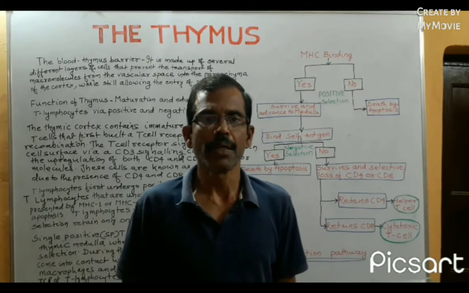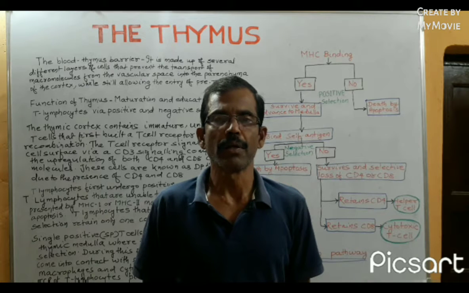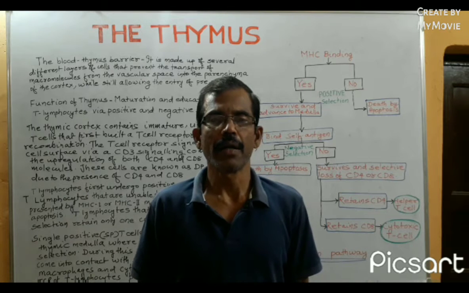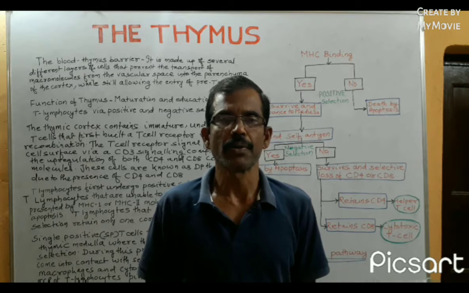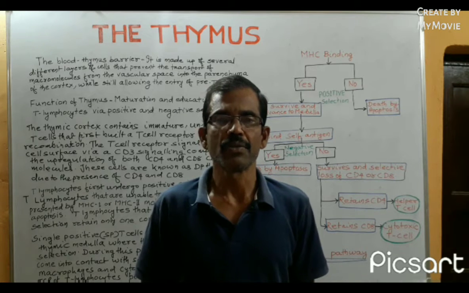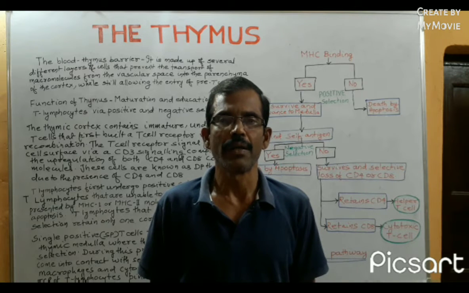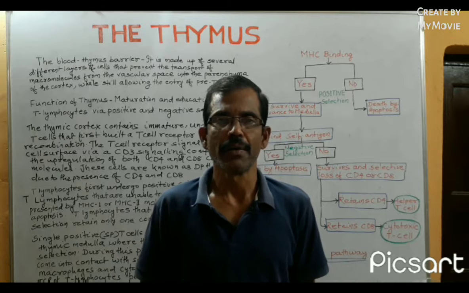Although the thymic epithelia allow for the exchange of small molecules via their high density of membrane transporters and intercellular junctions, they don't allow for the exchange of large molecules including foreign antigens. In the cortical region of the thymus, there exists a barrier known as the blood-thymus barrier.